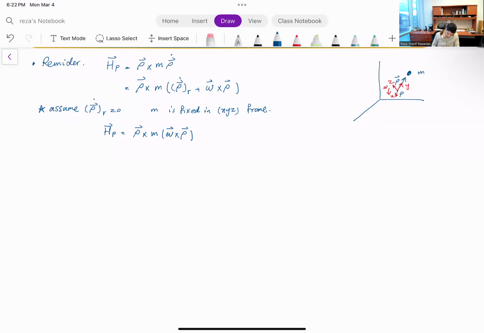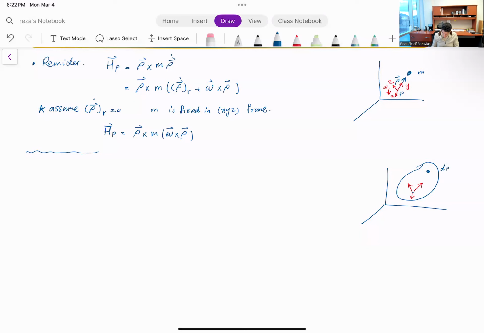All right, so that's enough for the reminder. Now let's go to our rigid body case. Now consider I have again my inertial frame, a rigid body, some point P, and I'm going to do the same thing. Have this frame fixed to the body and it rotates with the body. Now let's look at a particle inside the body.